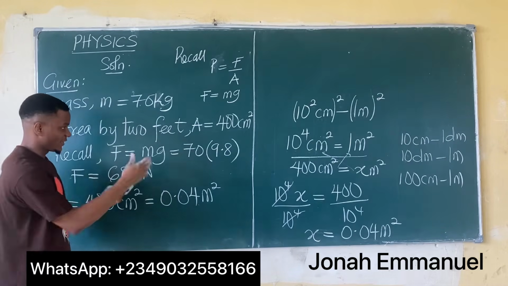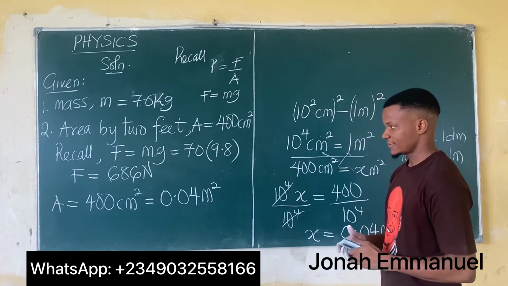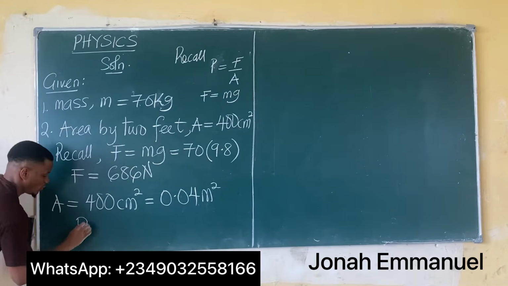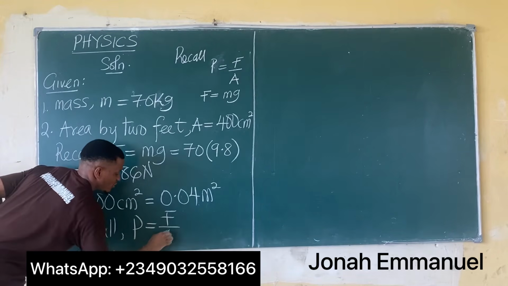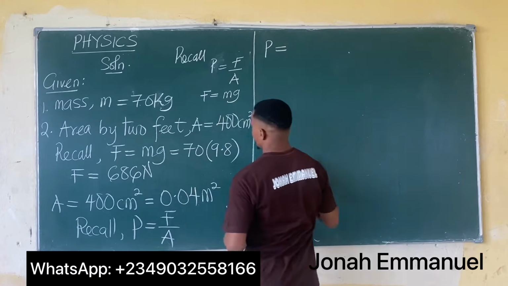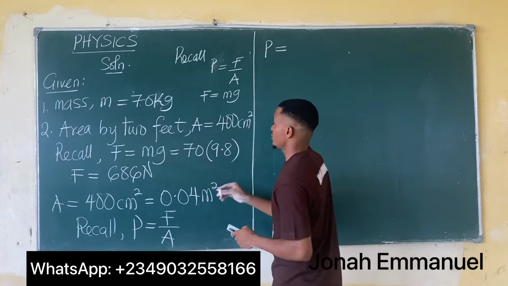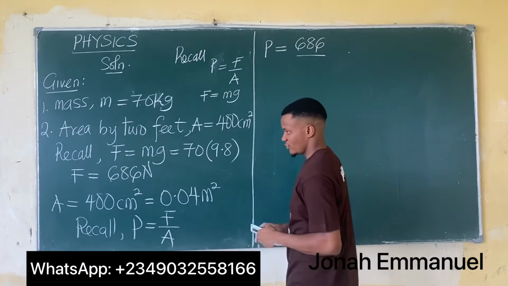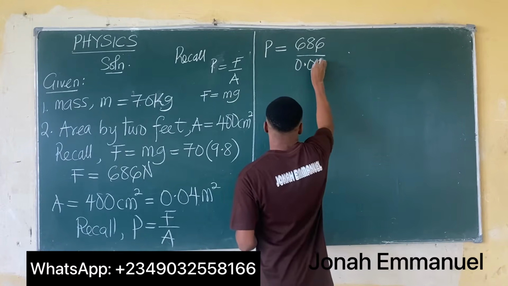Alright, from here now we can get the pressure exerted by the man's feet. Recall that we said pressure is equal to force all over area. So pressure is equal to force, which in this case, like I said, is weight, that's 686 all over area, which we have successfully converted to meter squared as 0.04.